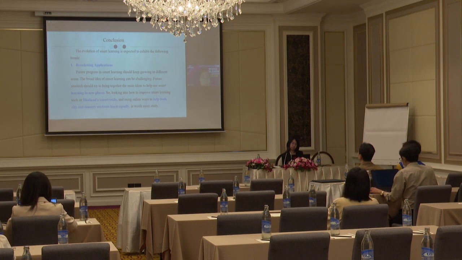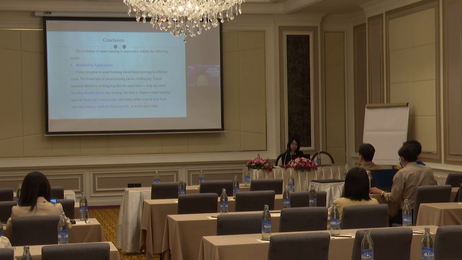The evolution of smart learning is expected to exhibit the following traits. The first trait is broadening applications. Future programs in smart learning should keep growing in different areas. The broad idea of smart learning can be challenging.